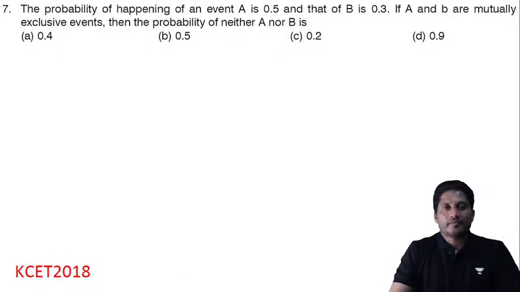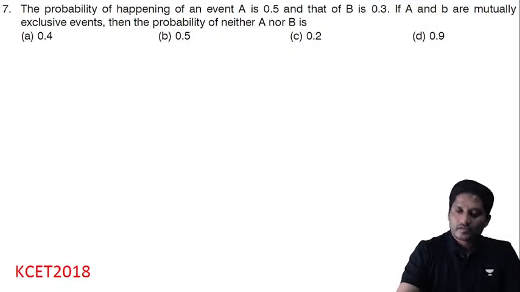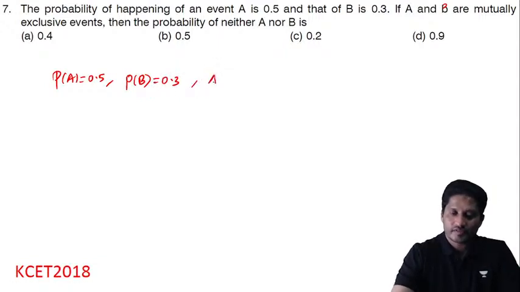The probability of happening of an event A is 0.5, that of B is 0.3. So this is capital B. Now P of A is equal to 0.5, P of B is equal to 0.3, and A and B are mutually exclusive. That is, A intersection B is a null set.